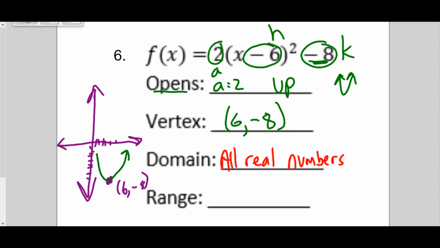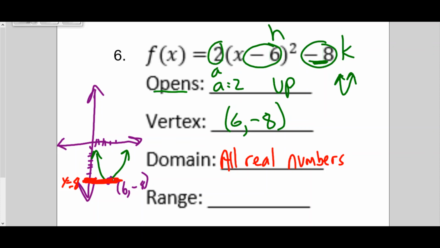So this is what my graph is going to look like. So what I'm going to do is I'm just going to draw a line. Here's my Y value of my vertex. This is Y equals -8 right here. And I'm just going to stretch that across to my graph.